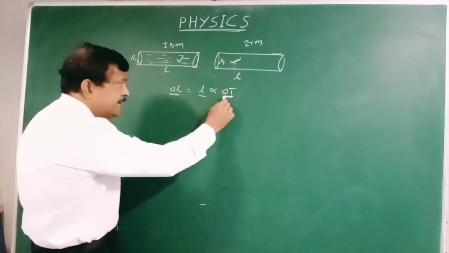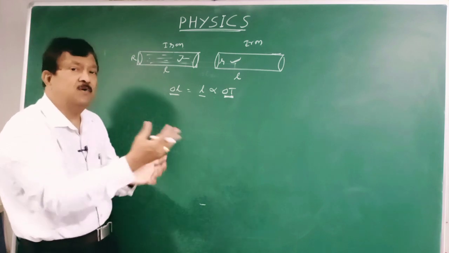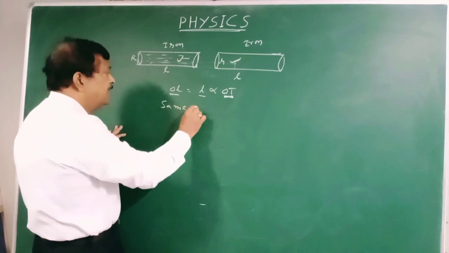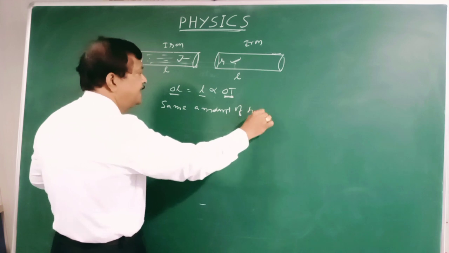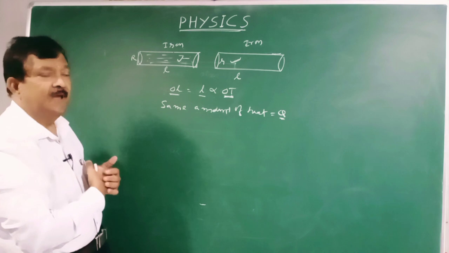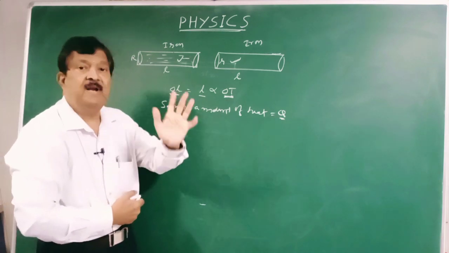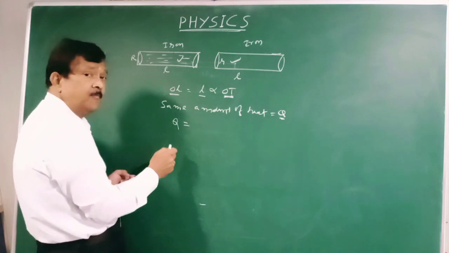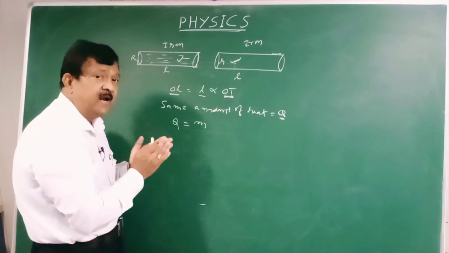But remember, suppose we don't know the temperature, and I have supplied the same amount of heat, let us say Q, to both of them. When the same amount of heat is supplied, the change in temperature for both will not be the same, because whenever we supply heat to a body of mass m, we can calculate the change in temperature from the equation.